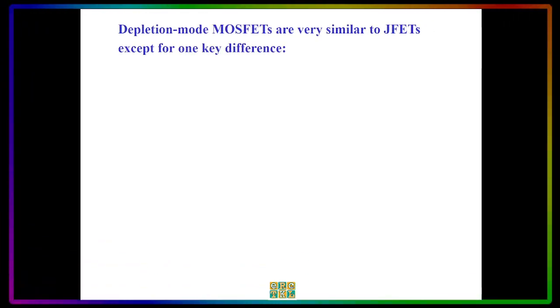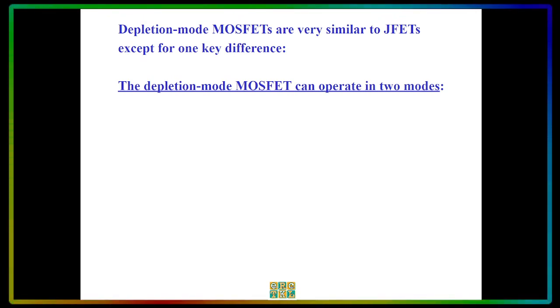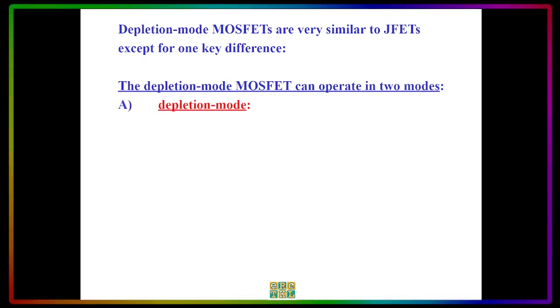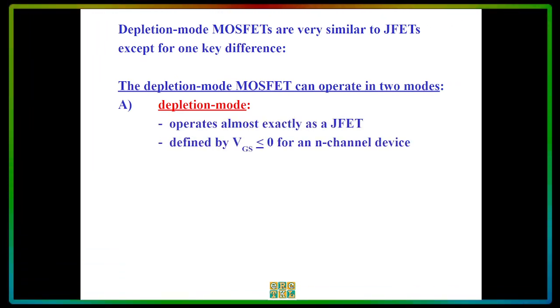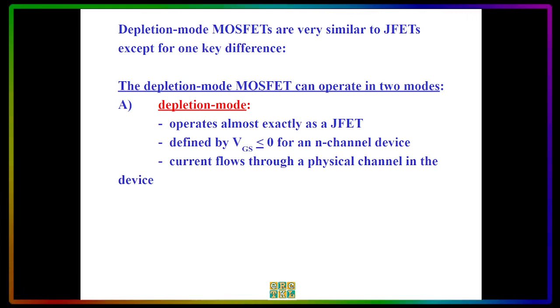The depletion mode MOSFETs are very similar to JFETs except for one key difference. The depletion mode MOSFET can operate in two modes. It can operate in depletion mode, which operates almost exactly as a JFET, but it is defined by the VGS being less than or equal to 0 for the N-channel device, and the current flows through a physical channel in the device.